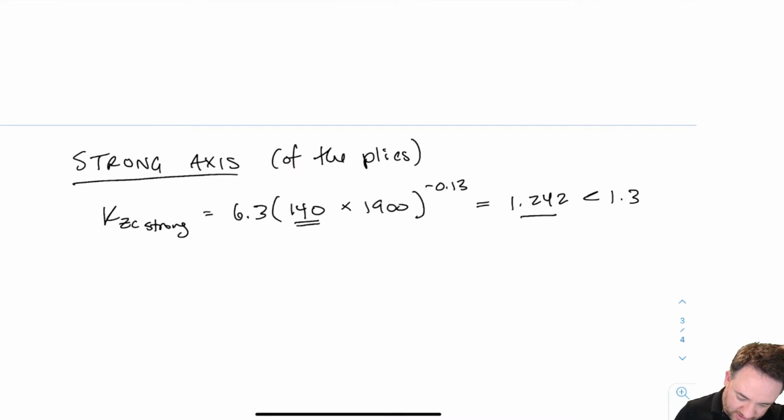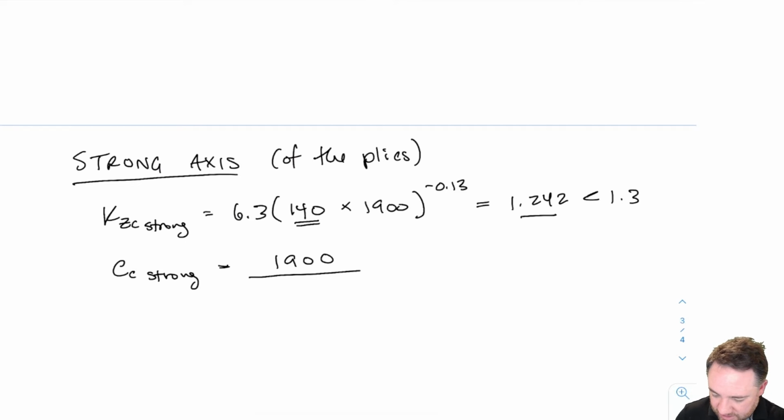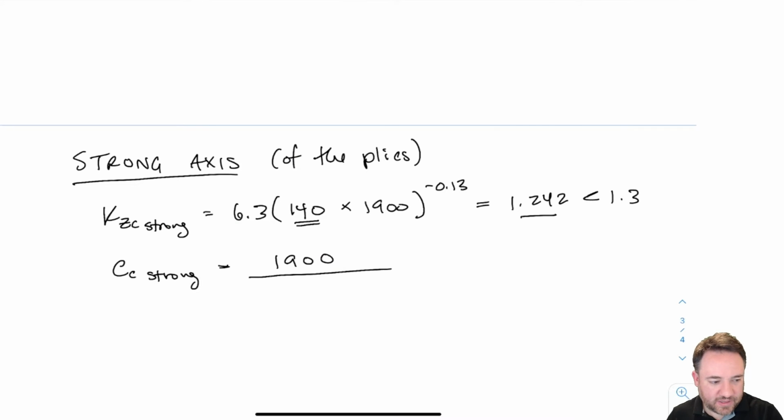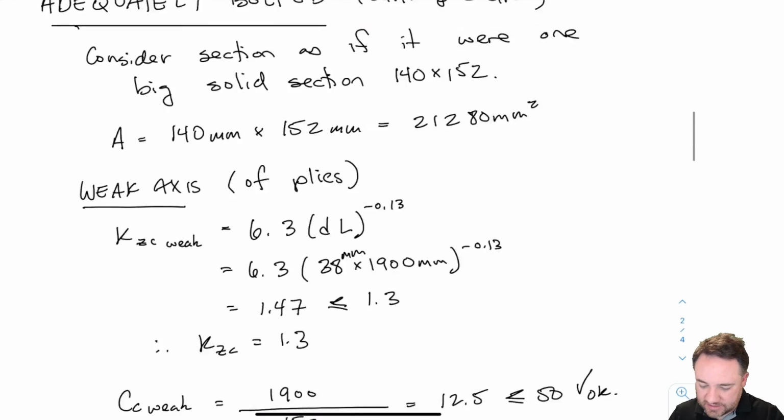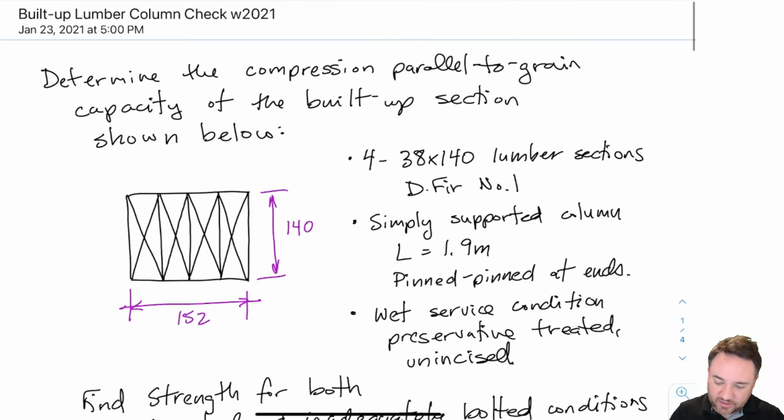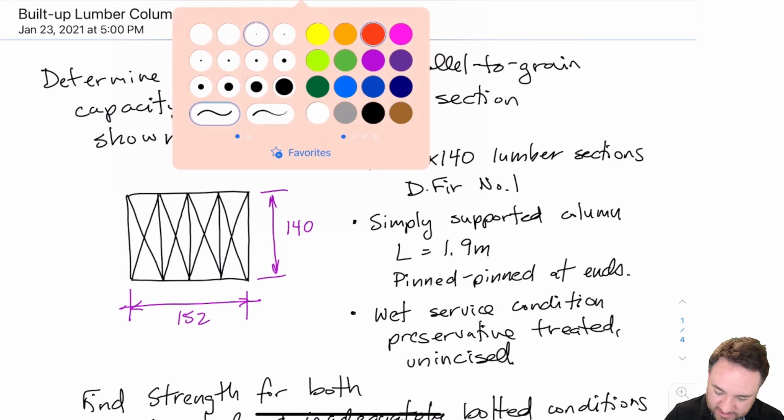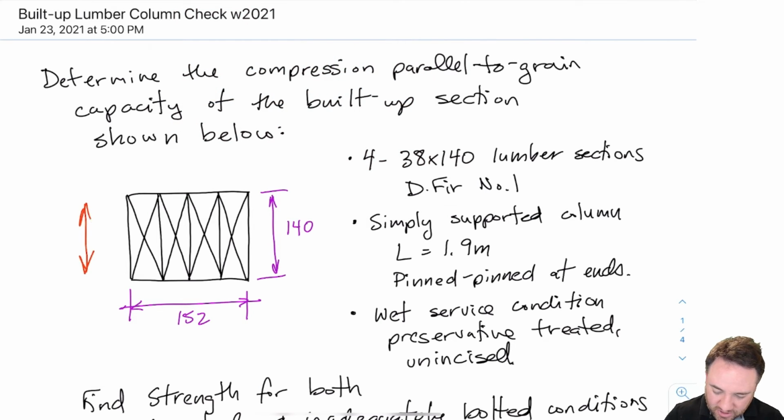so that's the one that we're going to go with. Okay, then we go back and calculate our CC strong. This is our slenderness, which is our effective length, which happens to be the same as our length, divided by the dimension of the whole solid built-up piece in the strong axis. If we go way back up here, you see that this is the strong axis direction buckling, and the dimension in that direction is 140.